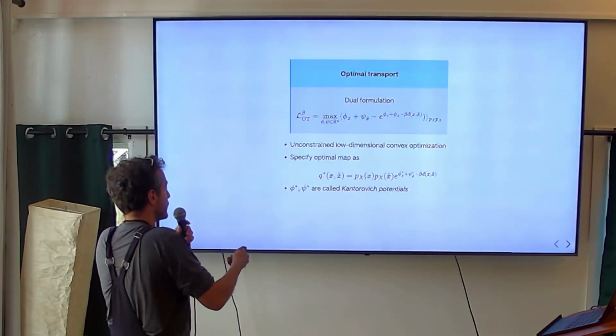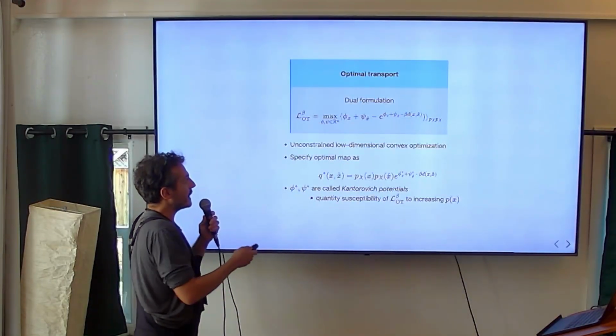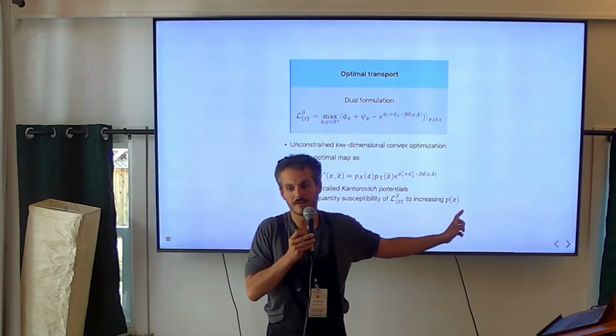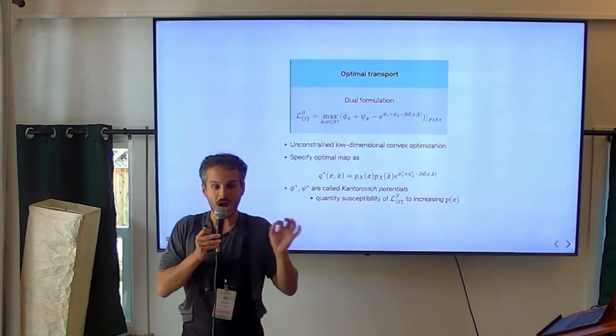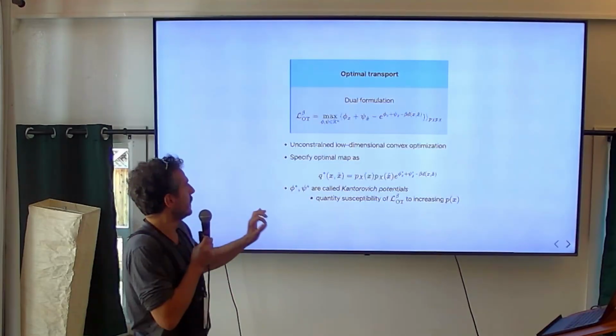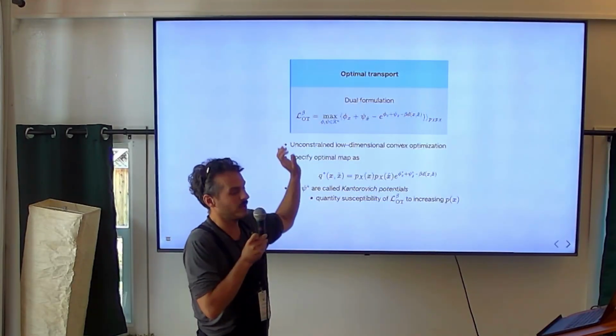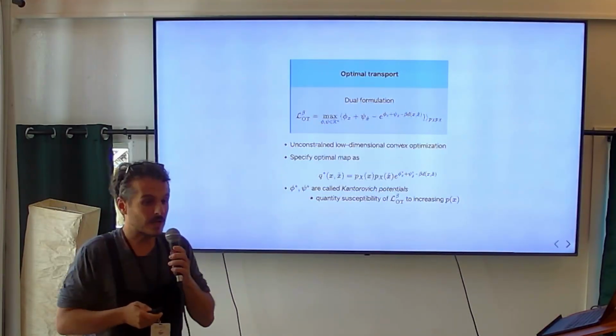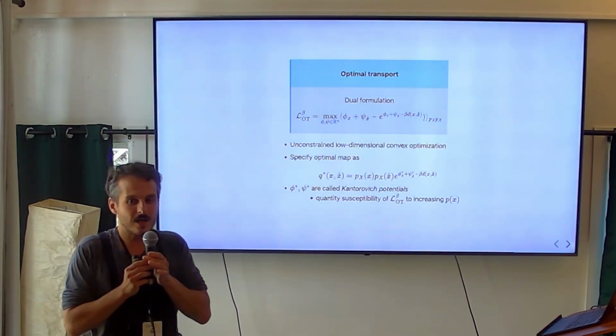It's much more tractable, and these are Lagrange multipliers that enforce the marginal constraints. But in our case, we can think of them as: if I increase the probability of a given state by a little bit, how much does it increase my cost, in this case the compression cost? Why is this interesting?